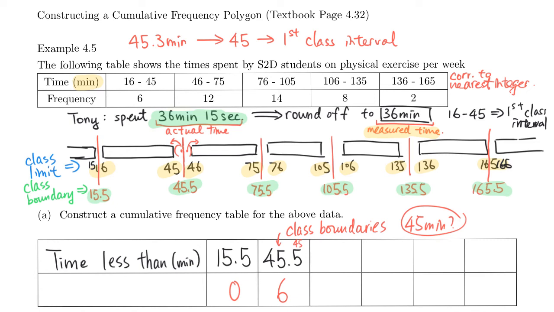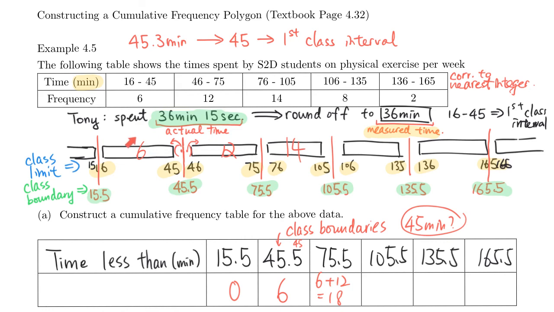Okay, so we can continue. I first write down all the class boundaries first: 135.5 and 165.5. So how many students spent less than 75.5 minutes? It's these two groups, right? So that is 6 and 12. So 6 plus 12 is 18. So how many less than 105.5?